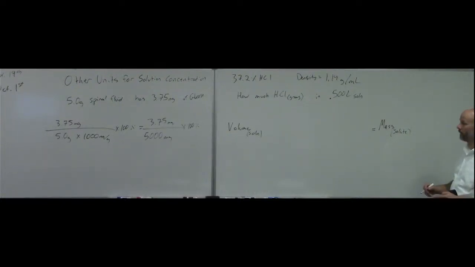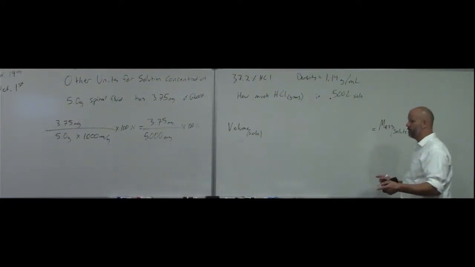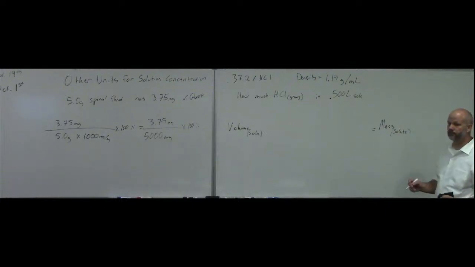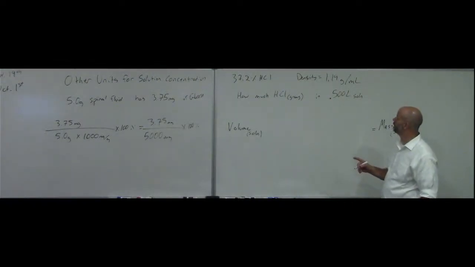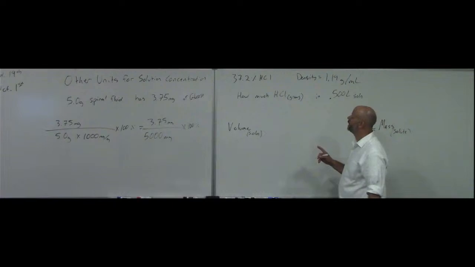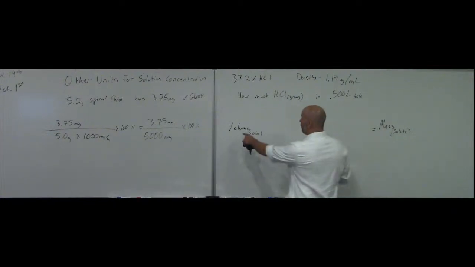How many grams is the solution? Sure. But what's my first step? You need to transform the density into that amount of volume. I actually think that's going to be my last step. You would need to figure out what amount of liters the hydrochloric acid is. Yes. So I've got my volume of solution.